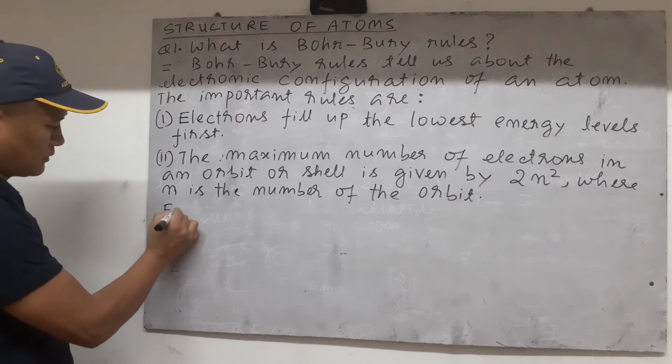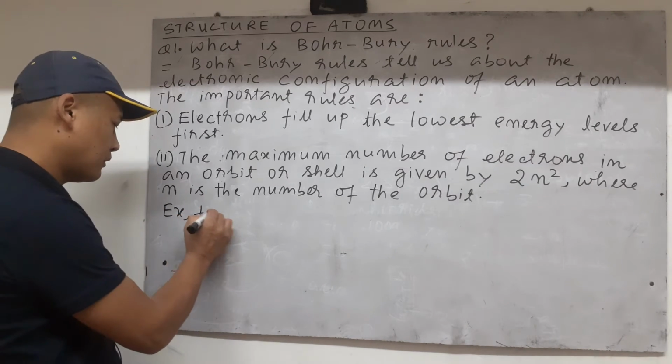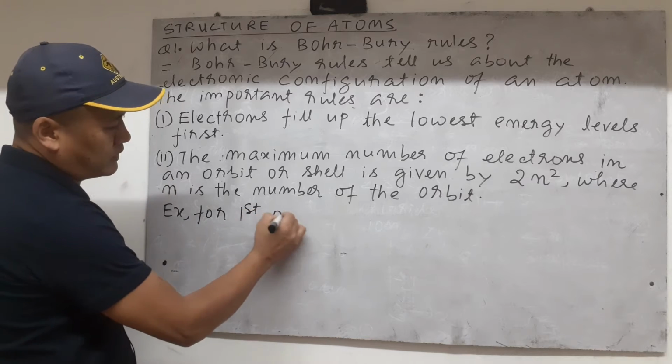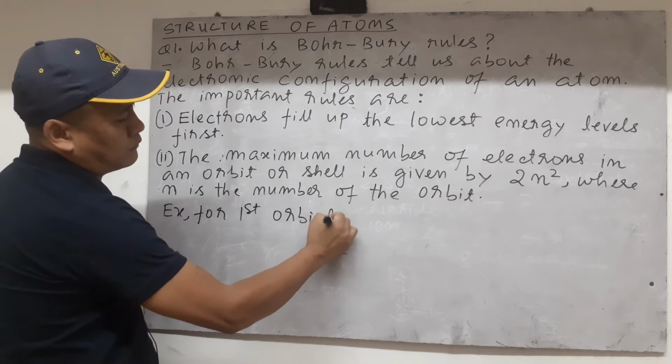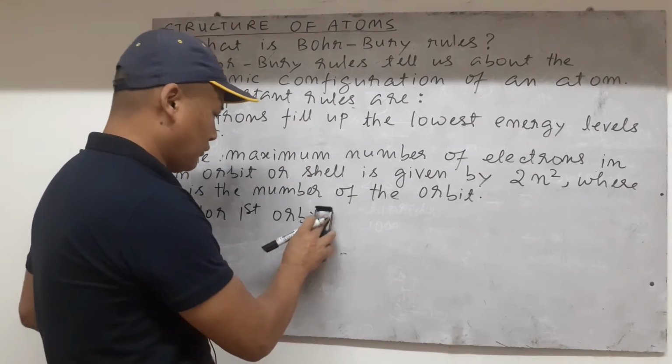Let us understand this by an example. For the first orbit in an atom, we now know that electrons are going to be found moving in orbits.